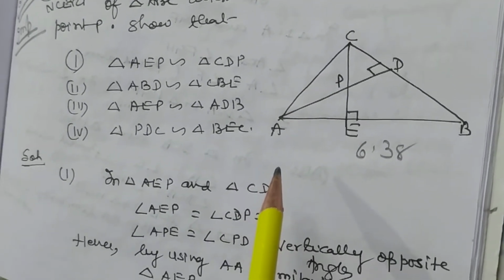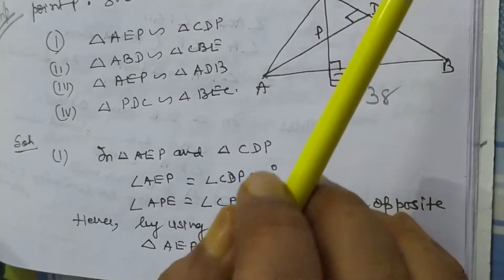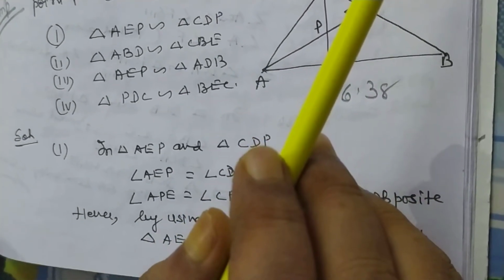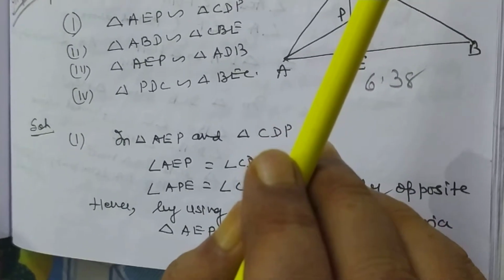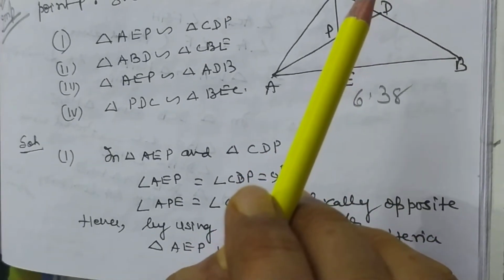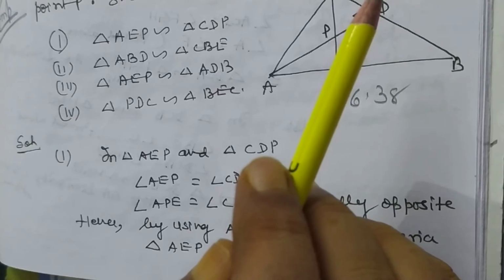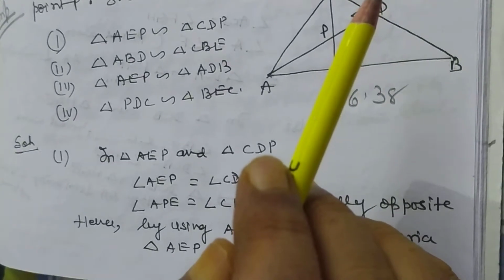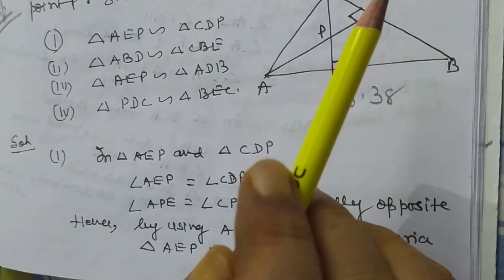So my dear student, these 4 problems are very, very important, and all the problems will be solved by the similarity condition. For clear-cut conception, you must solve this problem one by one. My dear students, I hope you will do it. You will apply my suggestions.